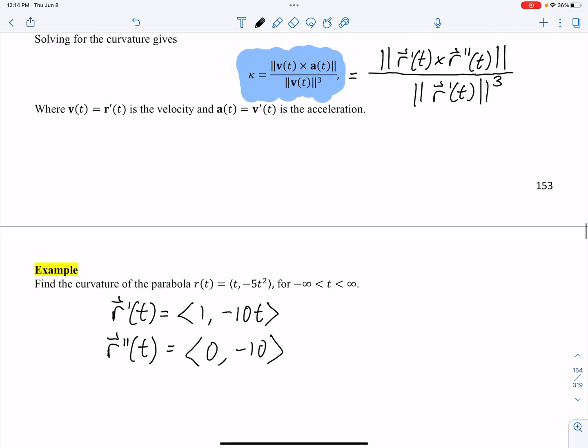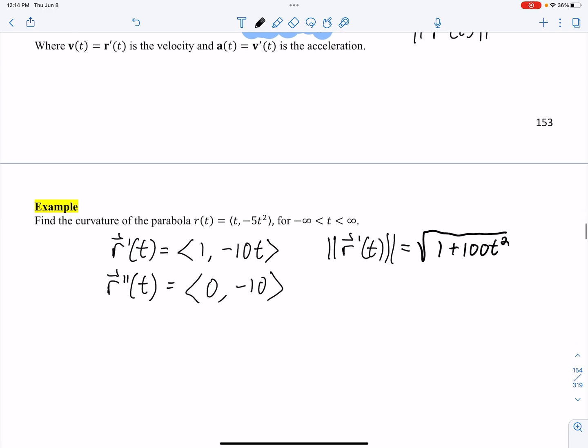Now we're going to need the cross product, and the magnitude of r prime. That's going to be the square root of 1 plus 100t squared. Doesn't simplify. Do not separate square roots across pluses.